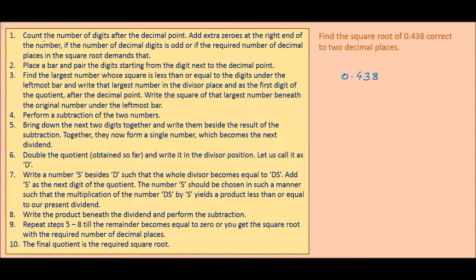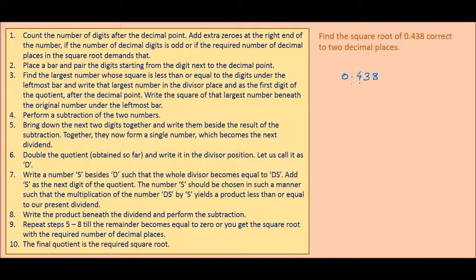This is the number. Now coming to rule number 1: count the number of digits after the decimal point, and add extra zeros at the right end of the number if the number of decimal digits is odd. How many digits do we have after the decimal point? 1, 2, and 3.